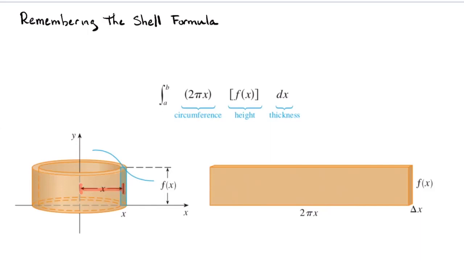So that 2 pi has to get multiplied by that distance. You think of that as a circumference in the shell. When you unwind the shell into the slab, it's the length of the slab. The height is the function value at x. Dx is the infinitesimal thickness. Length times height times thickness is volume. It's a nice way to remember this formula.